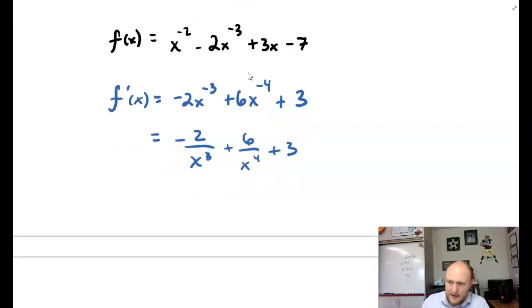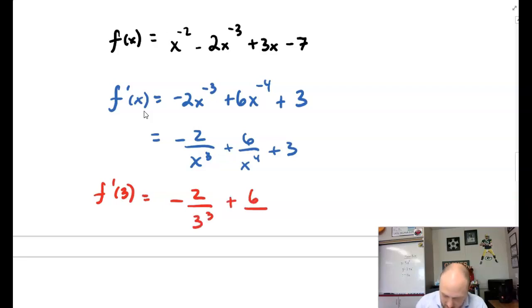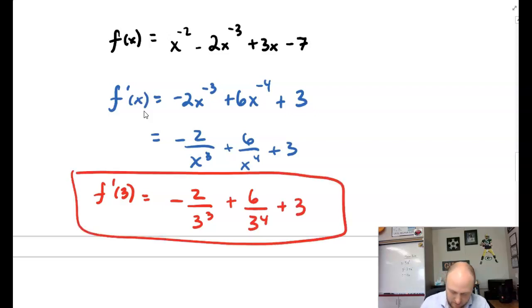Okay. Hey, you're on an AP FRQ, and they give you this function. They say, what is f prime of 3? Oh, no. This nasty function, negative 2 over 3 cubed, plus 6 over 3 to the fourth, plus 3. We're done. Stop.